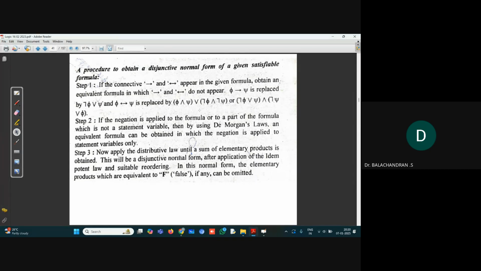I already gave these results. These two are very important, so instead of phi biconditional psi, you should remember this one and this one. After removing these two connectives, you need to apply De Morgan's law, distributive law, associative law, and then simplify further.